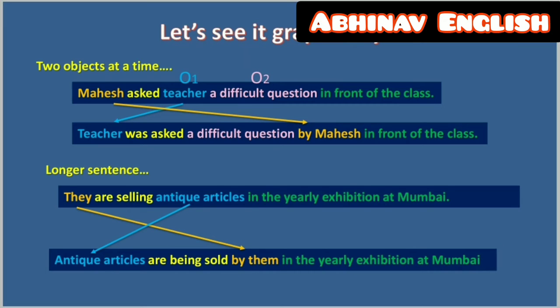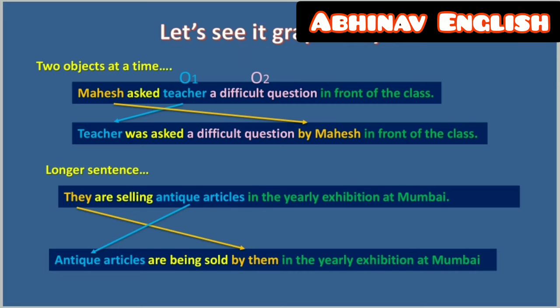Let's see it graphically. When there are two objects at a time, we have taken the first example. Mahesh asked teacher a difficult question in front of the class. There are two objects. The first one, O1, is teacher.